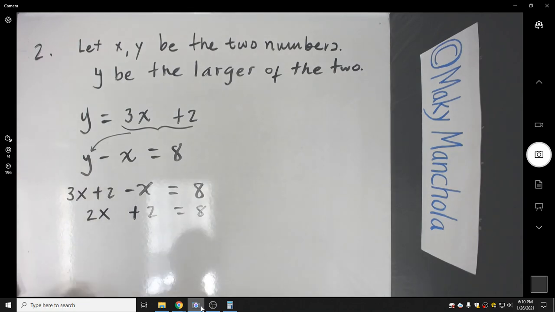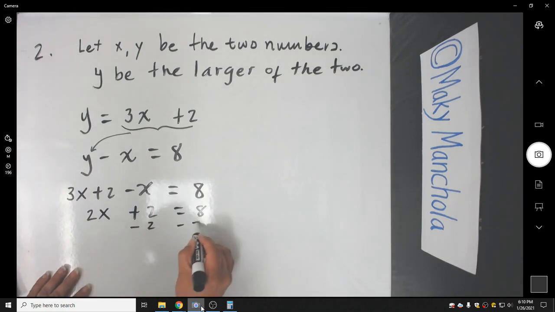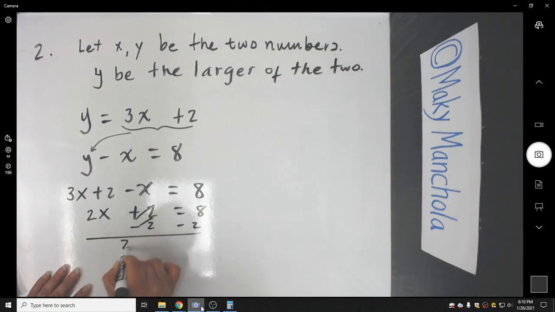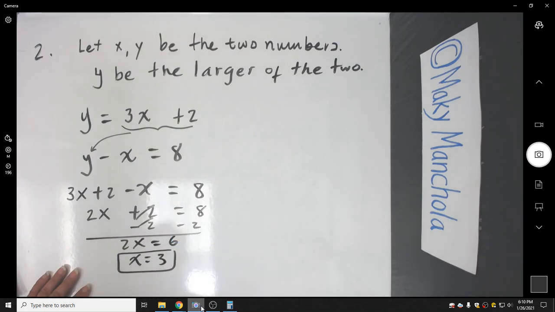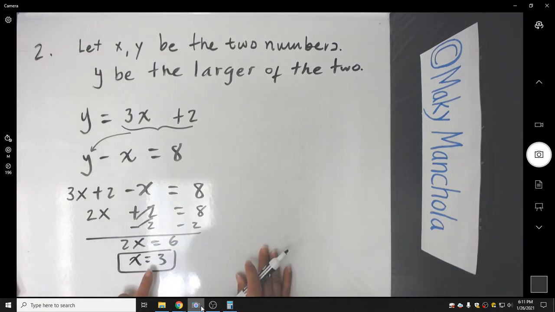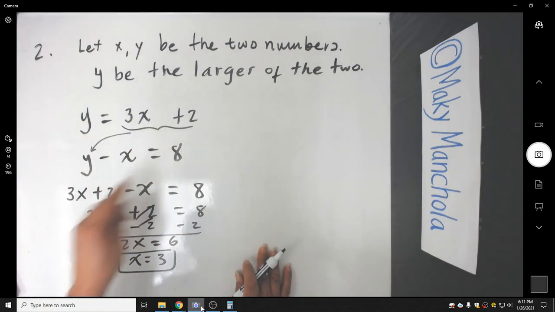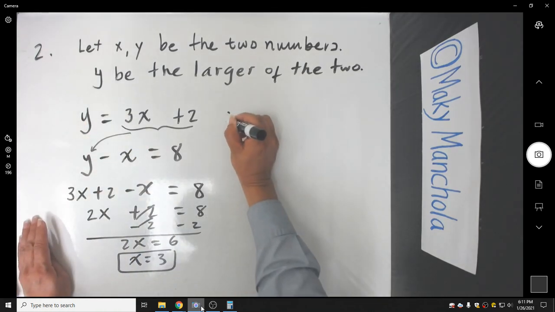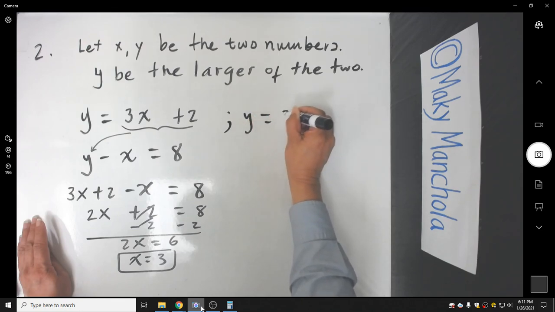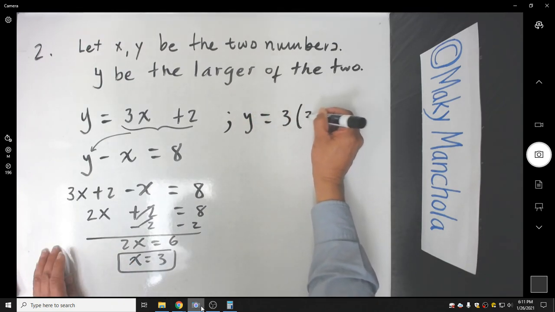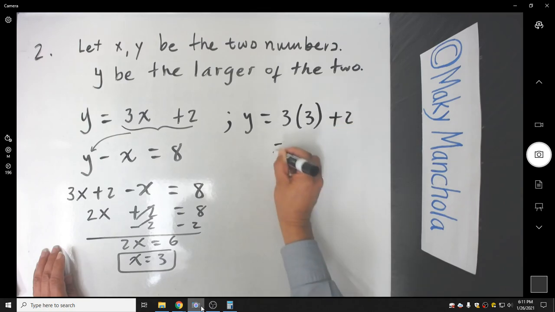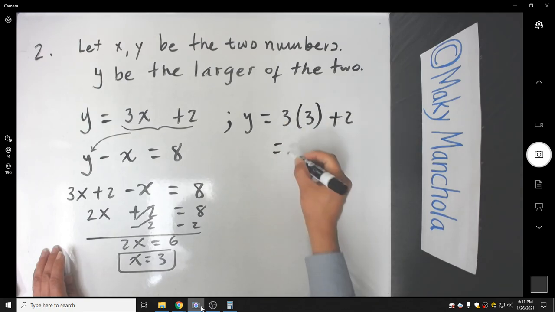Now we can solve for x. First, subtract 2 on both sides. We end up with 2x equals 6. That means that x equals 3. So here is our smaller number. We can take that value of x, plug it into the first equation to obtain the value of y. We get y equals 3 multiplied by 3 plus 2. 3 times 3 is 9 plus 2 is 11.